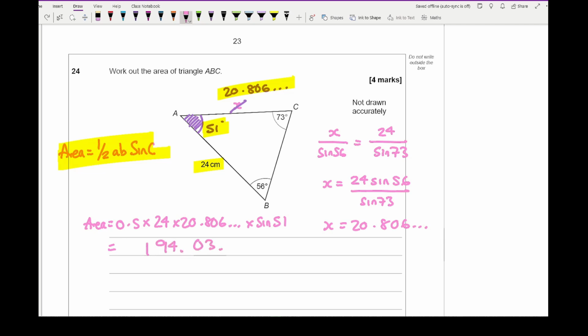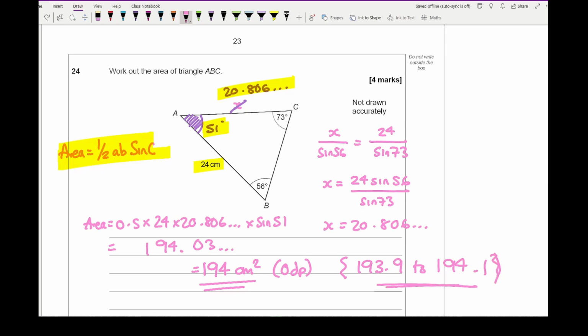So I'm going to round that to 194, and that's in centimetres squared to no decimal places. And in the mark scheme they would accept any answer between 193.9 to 194.1. So any answer between that range would be acceptable.